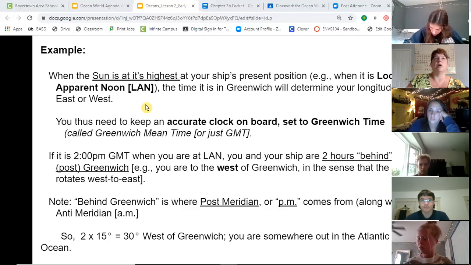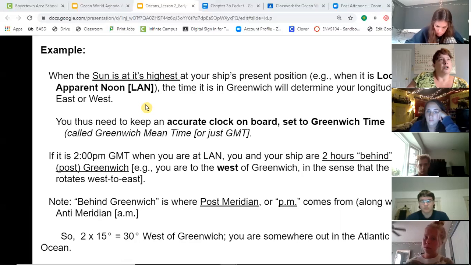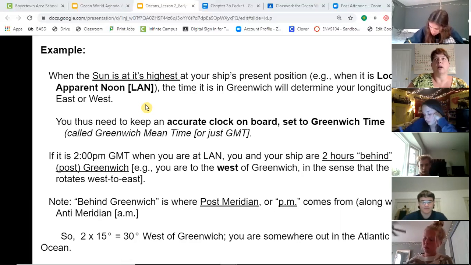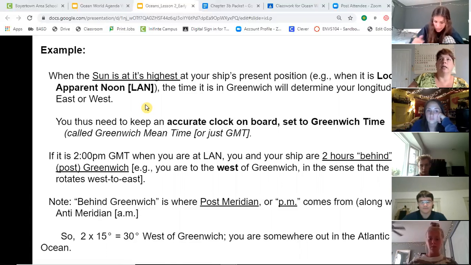So you're sitting on your ship, the sun is directly overhead. Then you look at the clock on your ship, which is set to Greenwich Mean Time, and let's say that clock says it's 2 p.m. Well, if that says 2 p.m., but yet the sun overhead tells you it's noon, that tells you you're actually 30 degrees west of Greenwich, because every 15 degrees represents an hour, and you are 2 hours behind, meaning your time is earlier than Greenwich time.